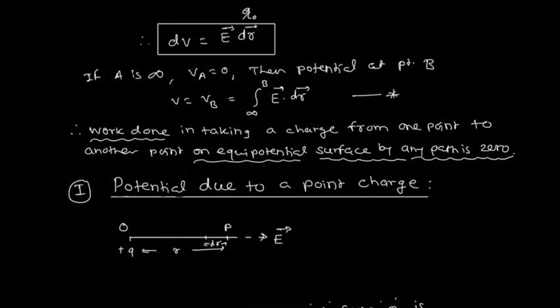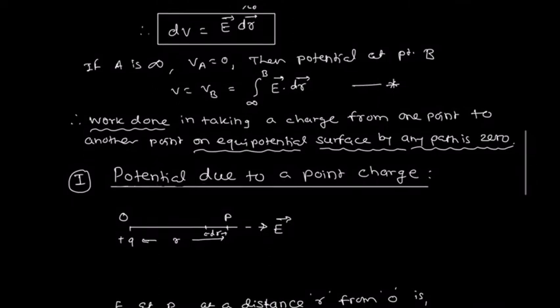In that region, we select another point P, which is at a distance equal to R. And what is the direction of the electric field? For a positive charge, the field is directed away from that point. Hence, the direction is outward. This is the direction of the electric field.